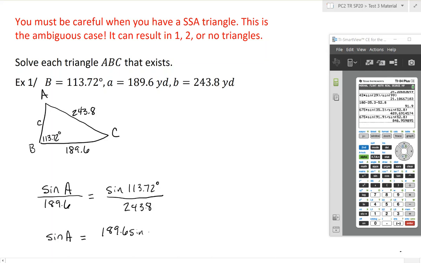189.6 sine of 113.72 degrees, and dividing that by 243.8.